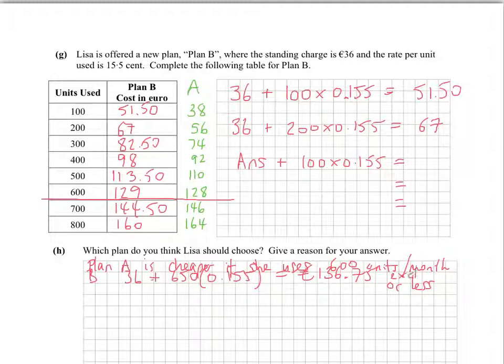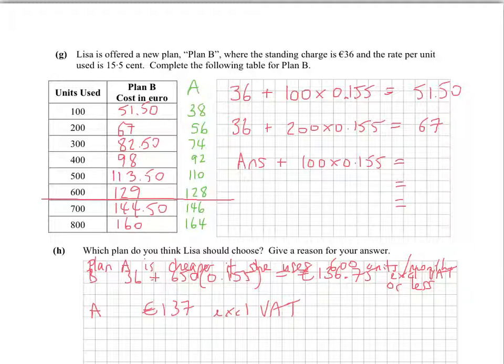That's exclusive of VAT. And the bill for plan A, worked out from the previous question, was €137 excluding VAT. So we can see at this stage for 650 units, B is a slightly better option.